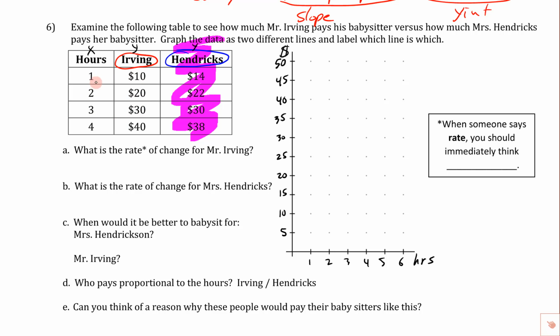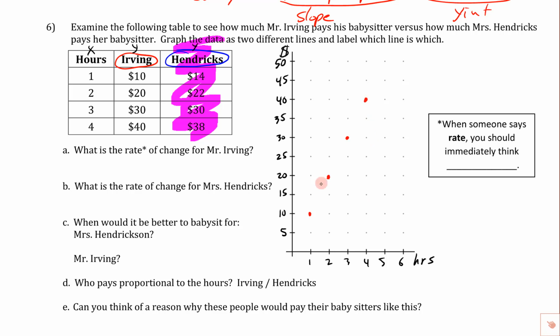So I'm going to continue graphing the numeric information, the data that we have from Mr. Irving. So this would be 1 and 10. So 1 hour and $10, 2 hours, $20, 3 hours and $30. So we're right here, and this looks pretty good. 4 hours and $40. So we're all set right there.